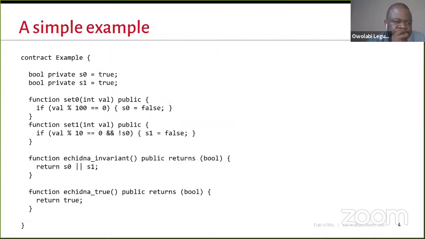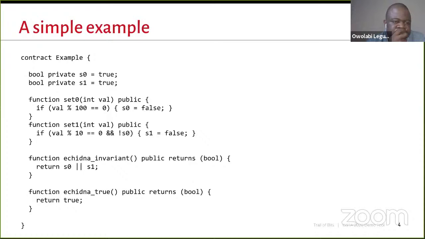So a very simple example: we have this smart contract that has two operations. This is very artificial, but it will just be used for this demonstration. In a smart contract, you don't have any crash or any indication of a bug, so you need to manually add a property to test.